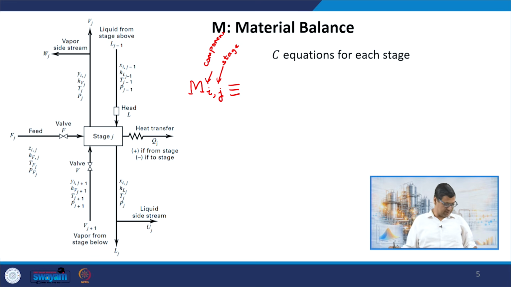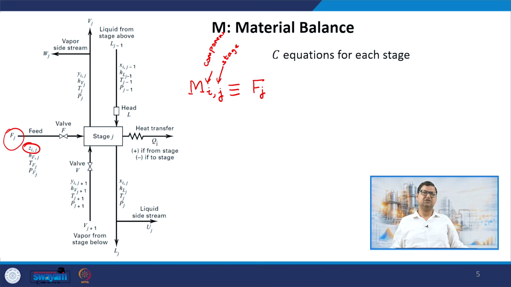So, we have to see what is coming in and what is going out. So, we have a feed Fj, the total flow rate is Fj, and this is the overall mole fraction Z, because the feed can be liquid or vapor or a combination of both. So, Fj Zij is the molar flow rate of component I that is coming from the feed.